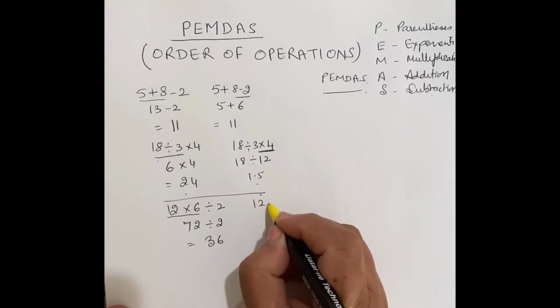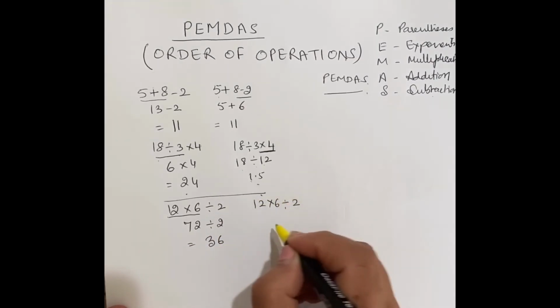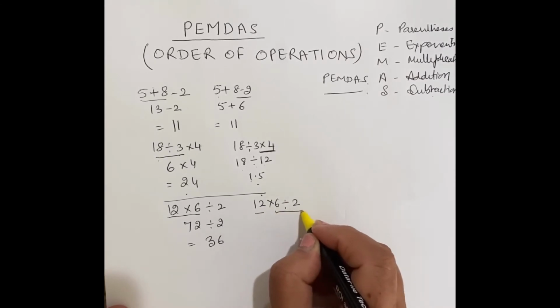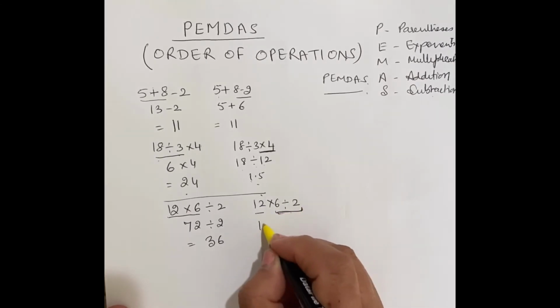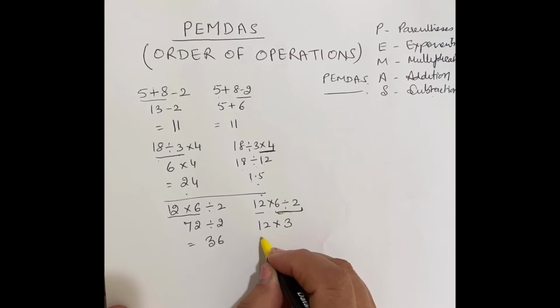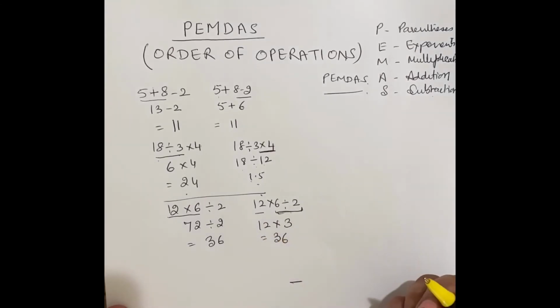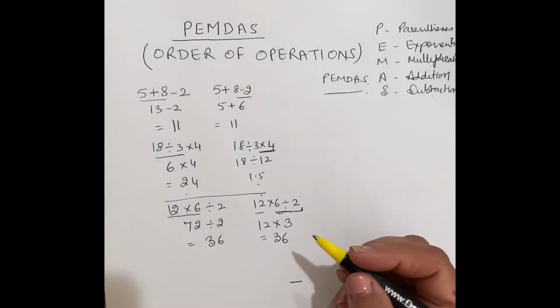On the other hand, if we solve the division first, 12 multiplied by 3, this becomes 36. So there are some examples where there is no difference in calculation, but there is a difference if we don't follow the rules. So we have to follow the rules to give a correct answer.